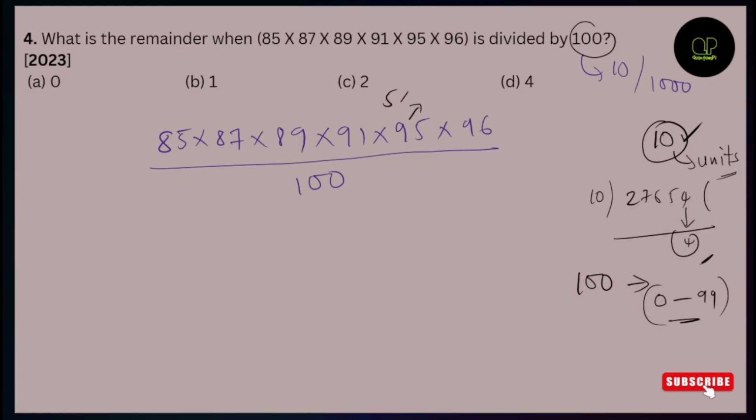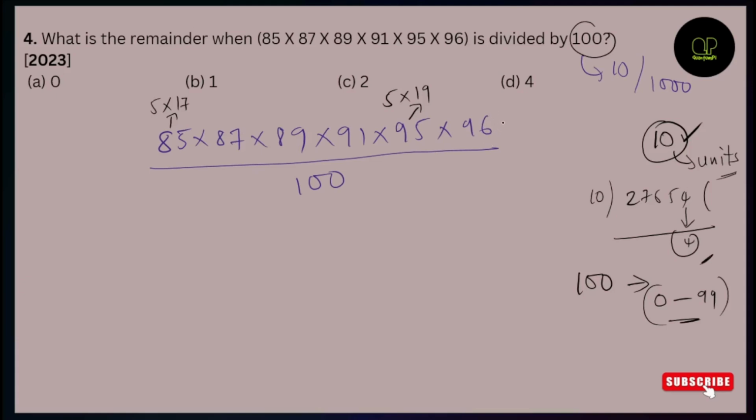So 95 can be written as 5 into 19. There is another 5 here. This is 5 into 17. So in this product, you are having two fives, right? And are you having any twos? 87, 89, no. In 96, you are having twos.